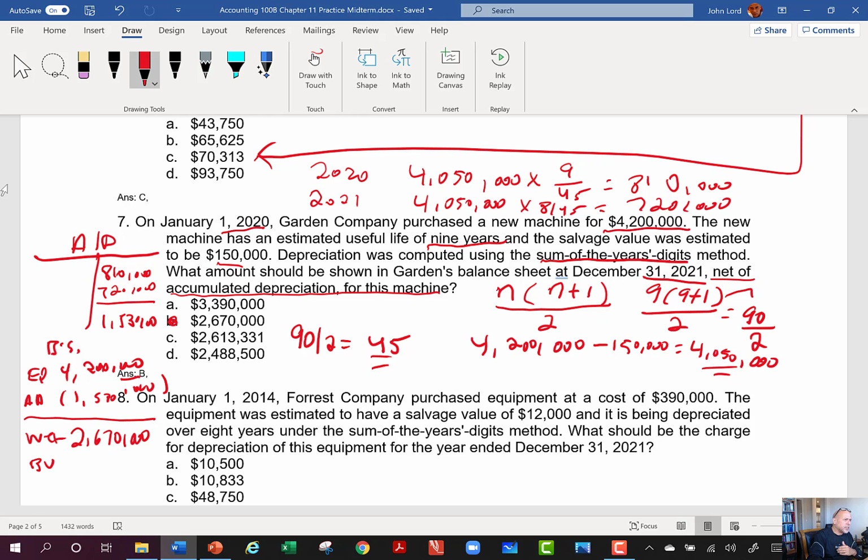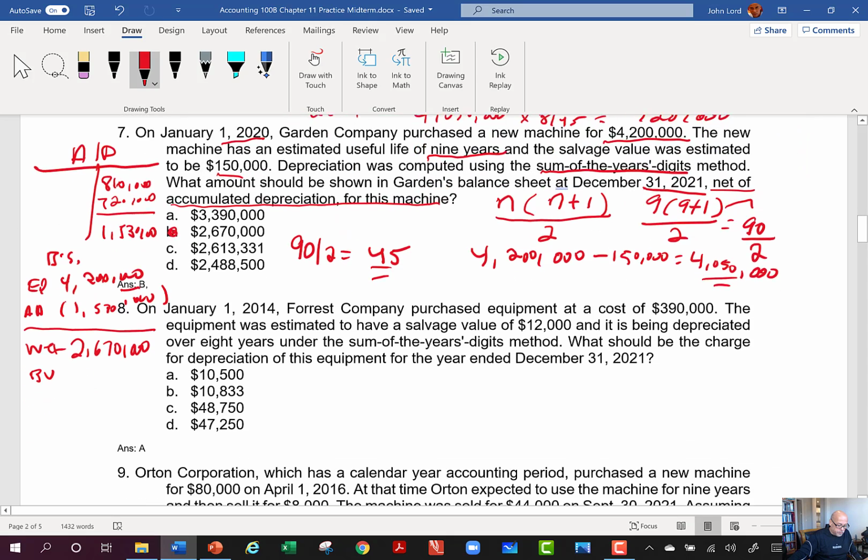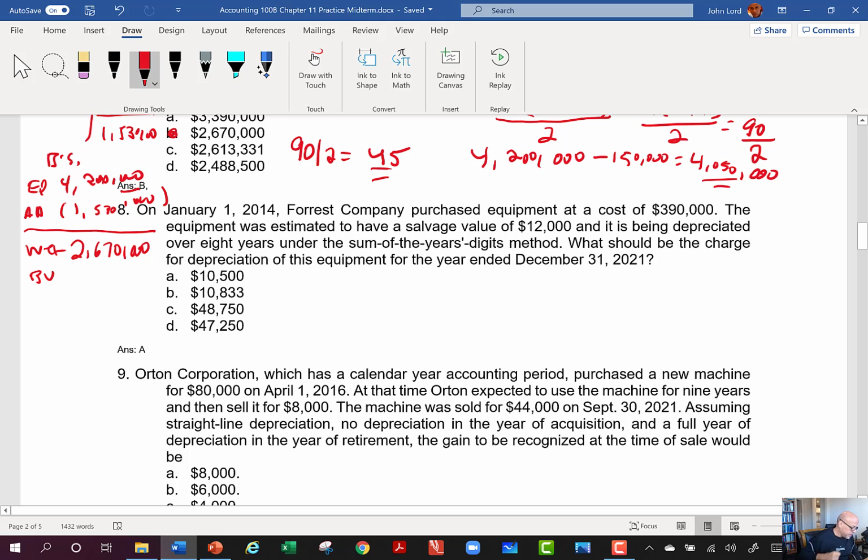What did the question ask me for? It asked me for the net book value. Net book value in the balance sheet is the original cost of the equipment minus the accumulated depreciation over 1 year, 2 years, however many years you would have had to have done there. Good. A little bit tougher question.